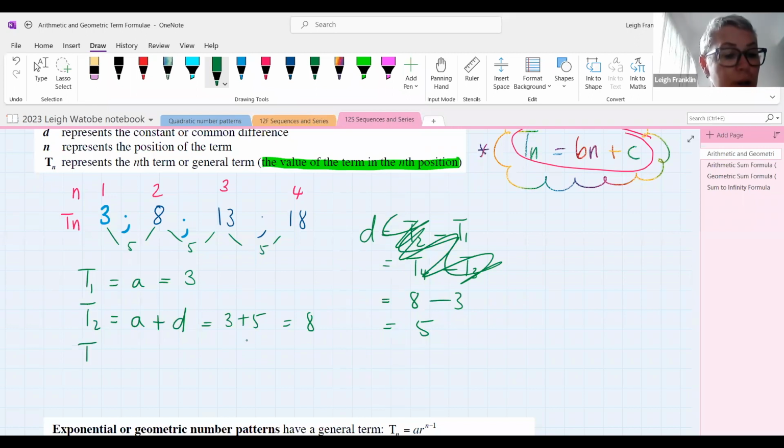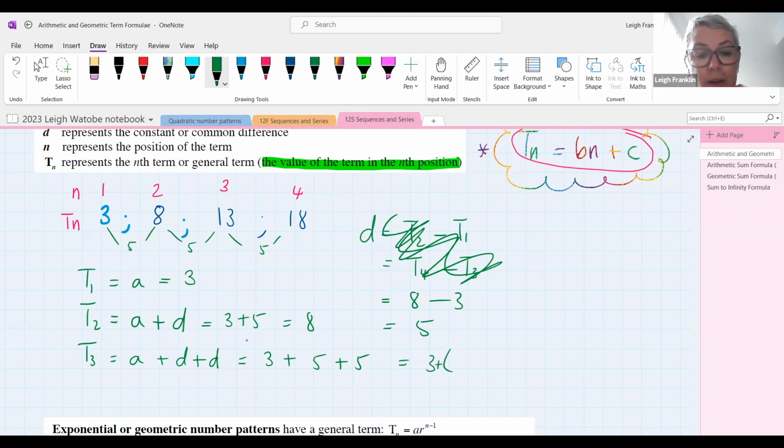If I now want to work out term 3, it's A plus a difference plus another difference. So this gives me 3 plus 5 plus 5, so it's 3 plus 2 groups of 5.